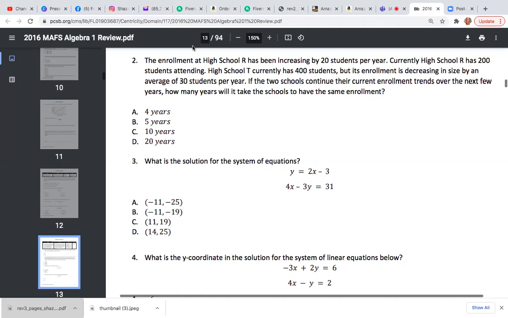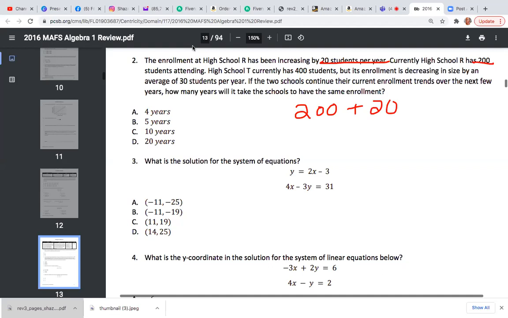Okay, guys, let's look. Number 2 here, the enrollment at high school R has been increasing by 20 students per year. Pay attention, guys, 20 students per year. Currently, high school R has 200 students attending, okay? So it has 200 plus it's increasing by 20 students per year, okay?